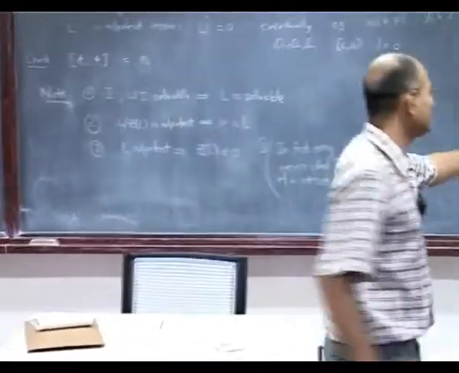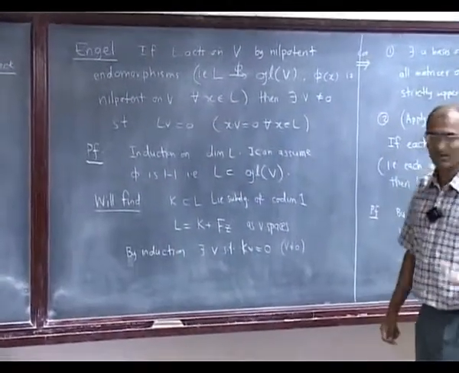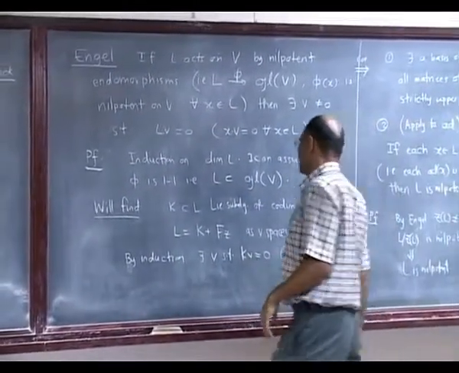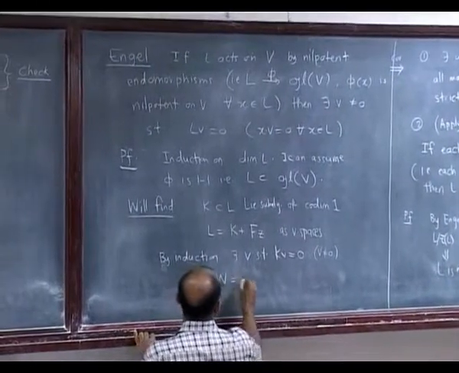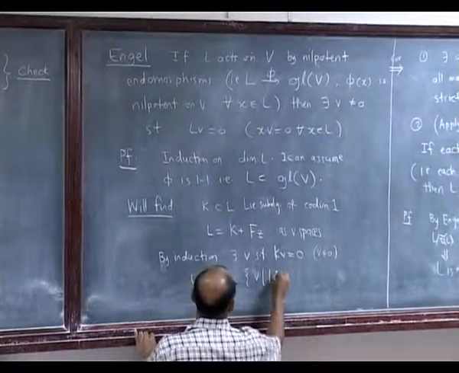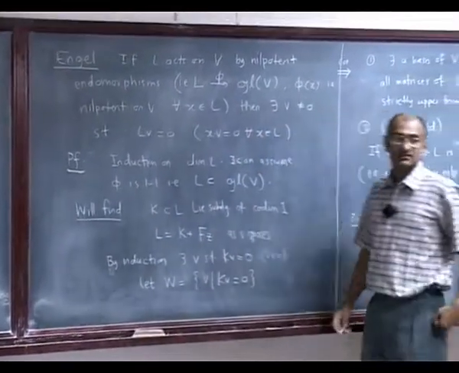Okay. So we are going to try to do the exact same strategy here, and even for Lie's theorem. Let W equal the set of V such that K V equals 0, and all I know is that this is a non-zero space.